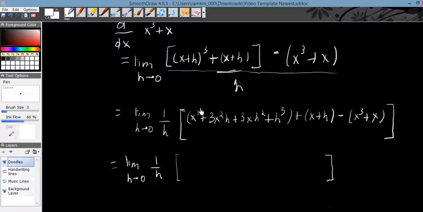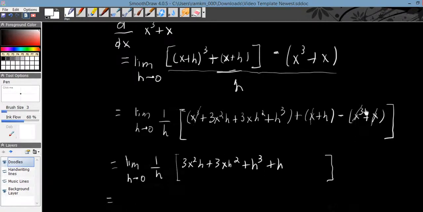Right off the bat, we can see that this x cubed here will cancel with this x cubed here, and these x terms will cancel as well. We have a plus x here and a minus x here. So what are we left with? We're left with 3x squared h plus 3xh squared plus h cubed plus h.